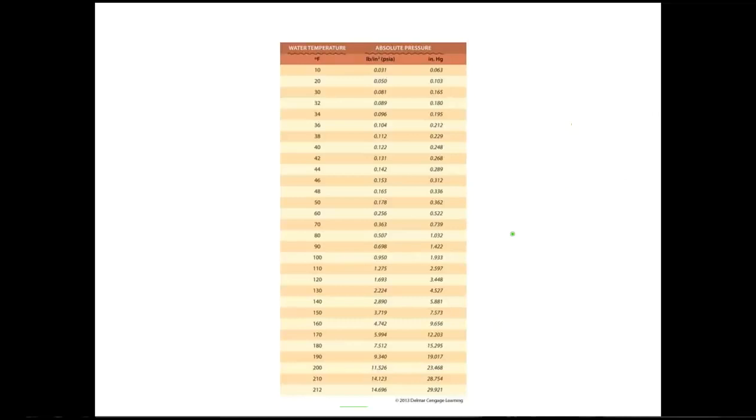And we have these charts for refrigerant as well. But let's look at this. This is atmospheric pressure down here at the bottom, 14.7 psi. And at atmospheric pressure, water will change state at 212 degrees.